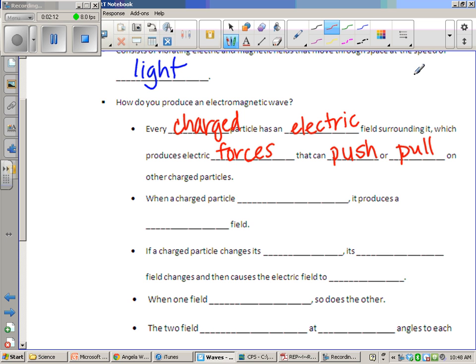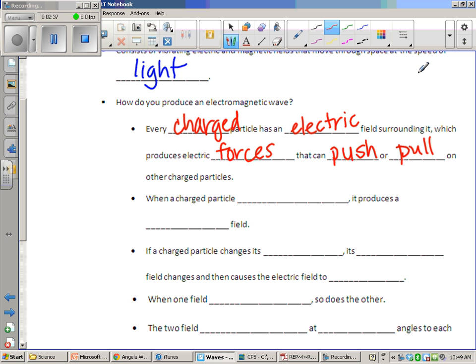So think back to our electricity units. We had talked about how like charges repel each other, and opposite charges attract each other. So opposites attract, like charges repel.